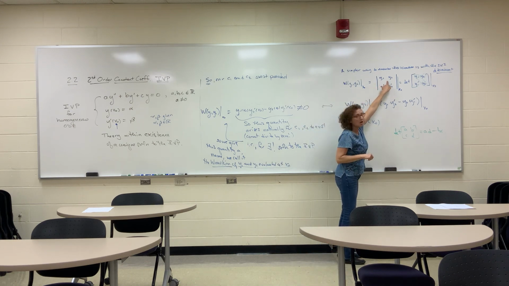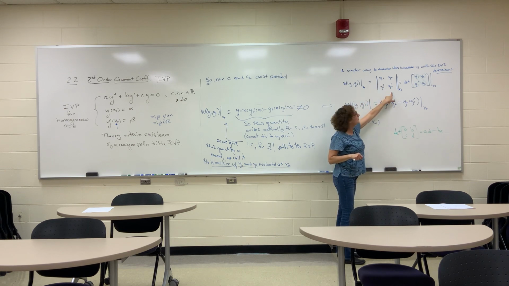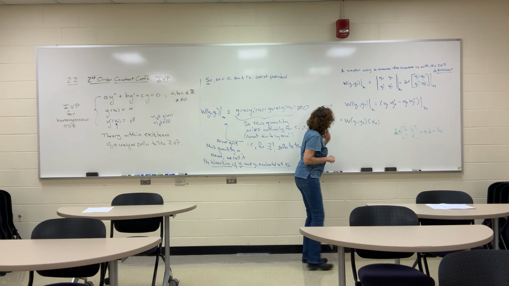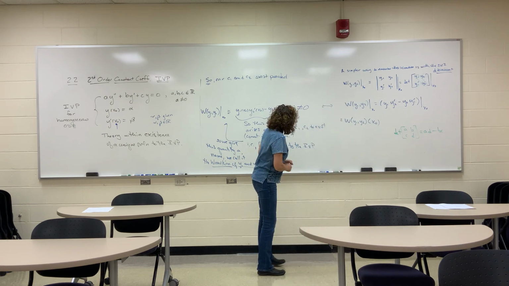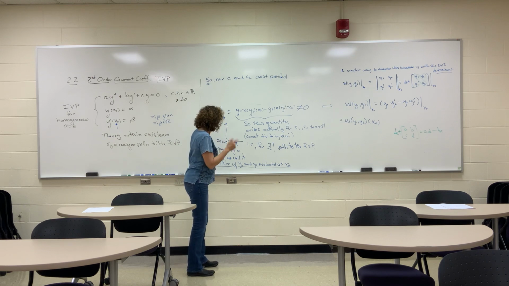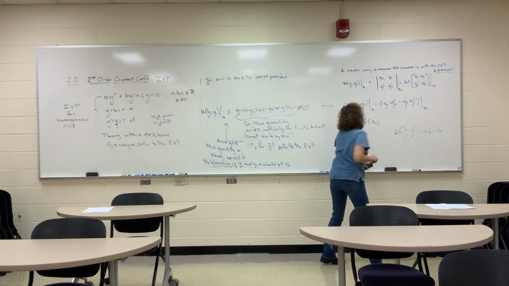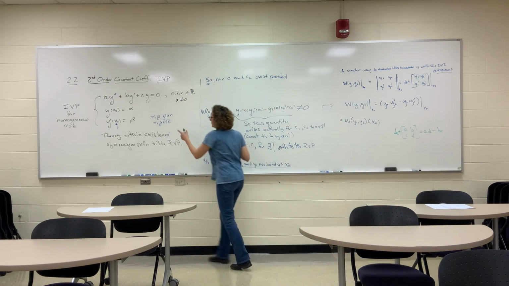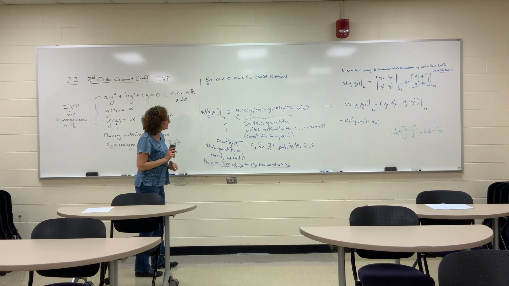What goes across the top here is just our y1 and y2, our two solutions that we're claiming are a fundamental solution set. And then this is just their individual derivatives, and then we do the determinant, and that gives us this guy. And that was necessary for us to be able to solve for our constants C1 and C2, right?